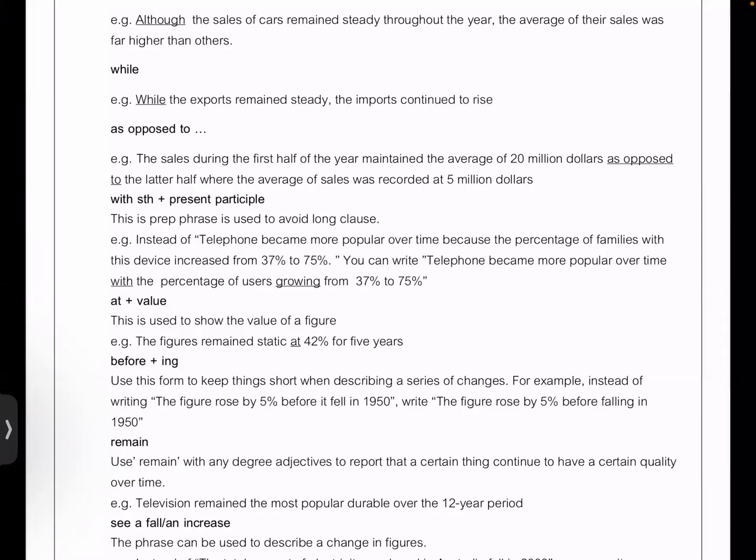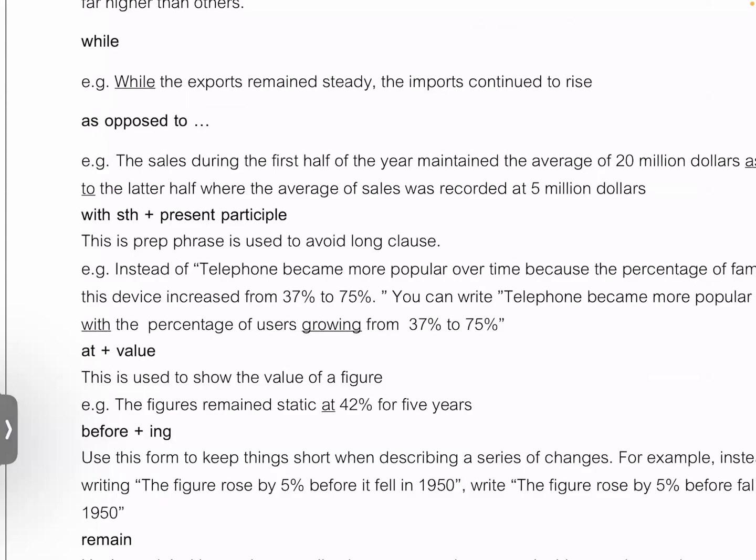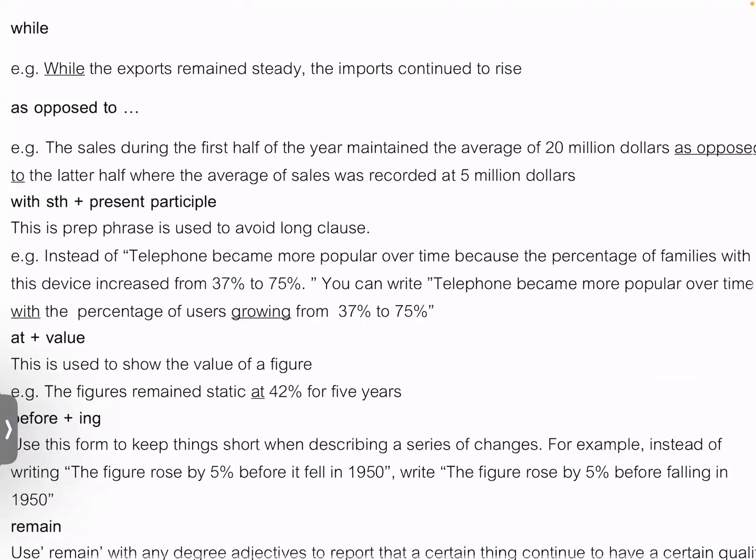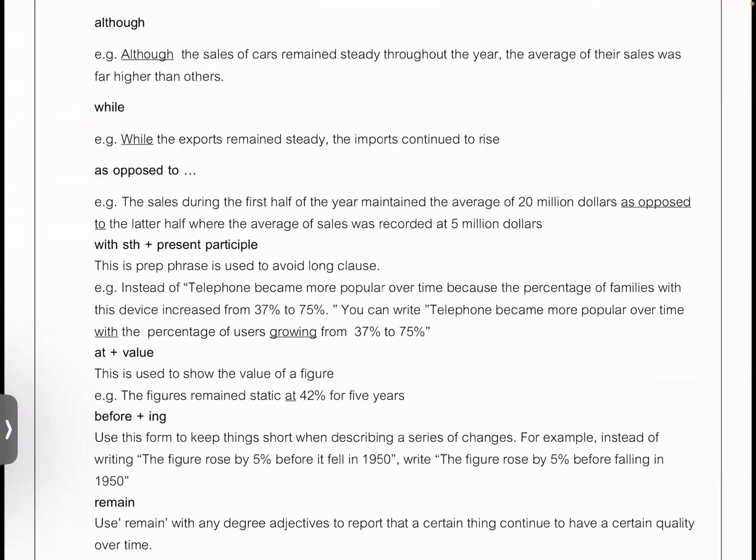Okay, next is to use with plus a noun plus present participle. This structure is also useful, and I particularly like this one as well. So let's look at an example. The telephone became more popular over time because the percentage of families with this device increased from 37% to 75%. This is a long sentence. So how do we shorten it? We can say the telephone became more popular over time.